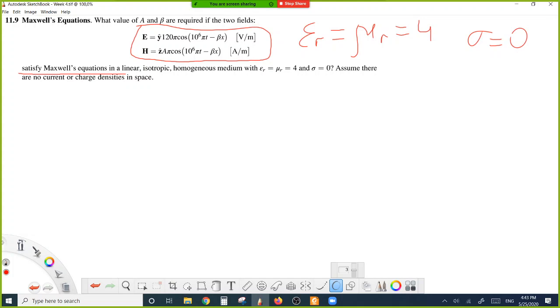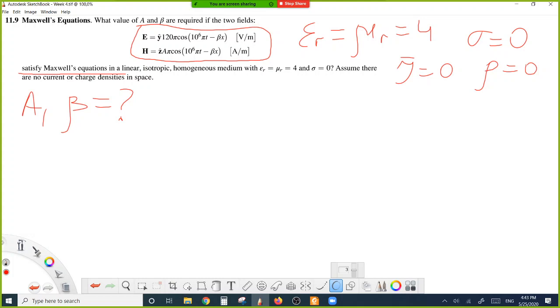So assume there are no current or charge densities in space. So J is 0, charge density rho is again 0. We need to find the values of A and beta.